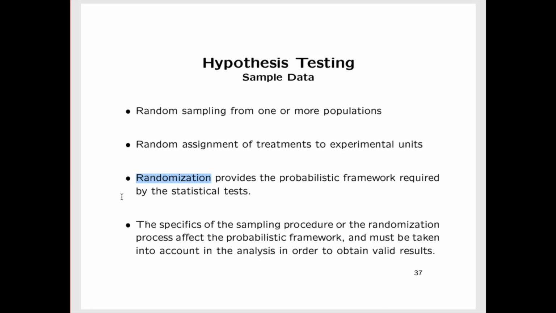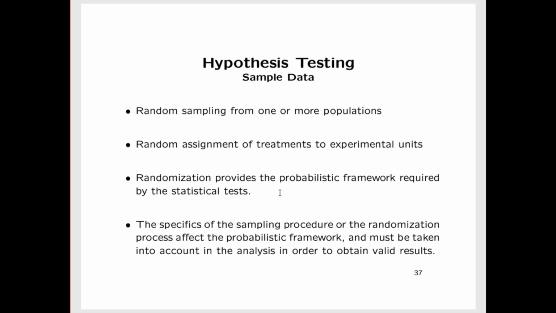Now, this last bullet point is very, very important for us to understand and keep in mind. The specifics of the sampling procedure or the randomization process affect the probabilistic framework. Again, the randomization provides that probabilistic framework required by the statistical test. That randomization and that probabilistic framework is what gives validity to our statistical procedures.